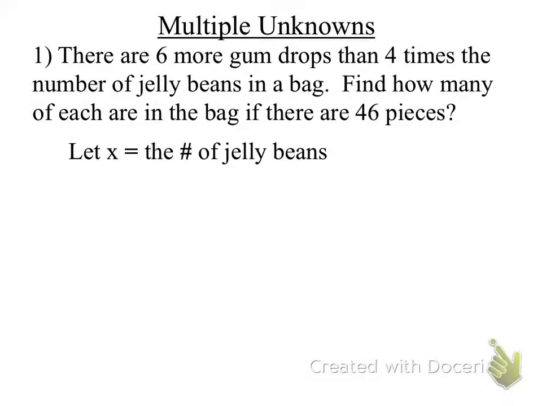They tell us more about gumdrops: there are 6 more gumdrops than 4 times the number of jelly beans. So they give us a translation. What would we say for gumdrops?